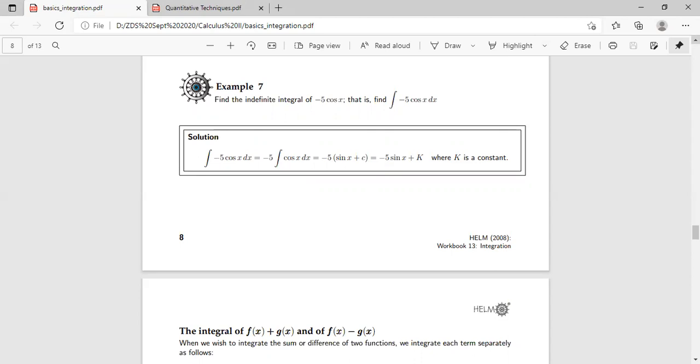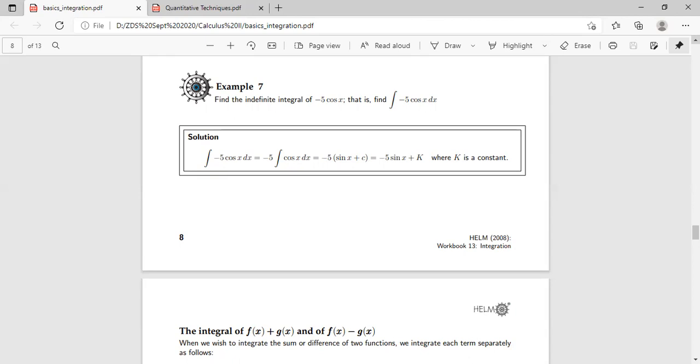The integral of 2v cubed dv, then the integral of 12 over z raised to 5 dz.